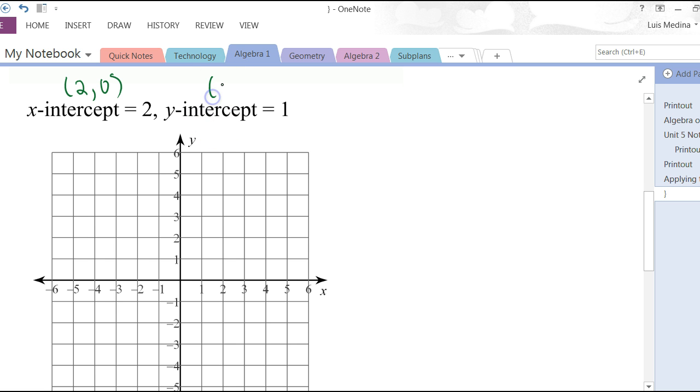That means that the x is 0 and my y is 1. So I have 2 points. How many points do I at least need to make a line? 2. So I got my x-intercepts, and that's how we use that. So I'm going to use 2. That's my first point right here, and 0, 1.